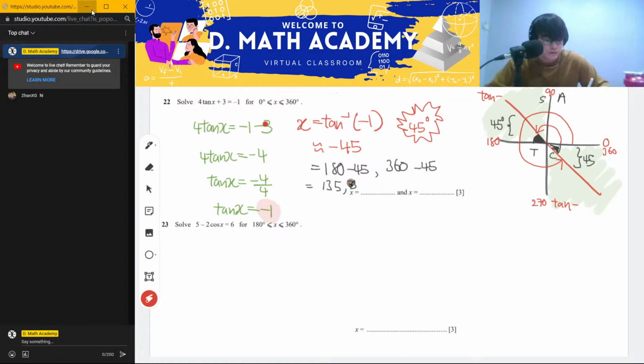So that's how you get your two answers here. So 45, remember, whether it's positive or negative, it's not really that important. Just take the face value of it. It's just telling you the gaps that it makes between the lines.